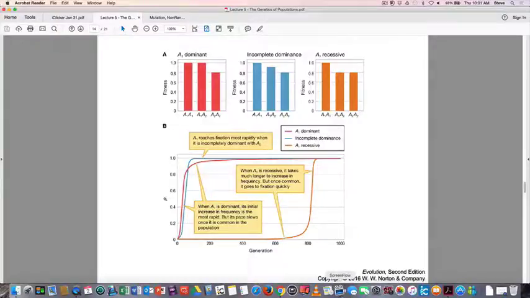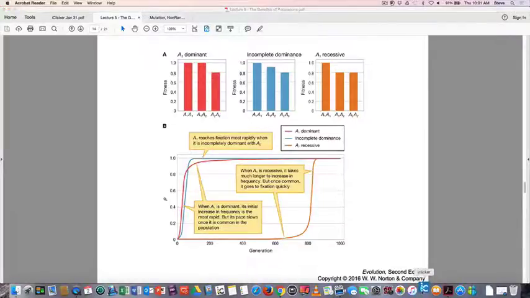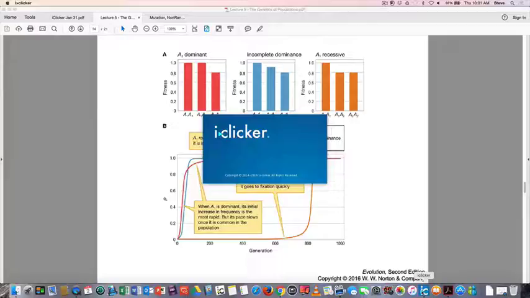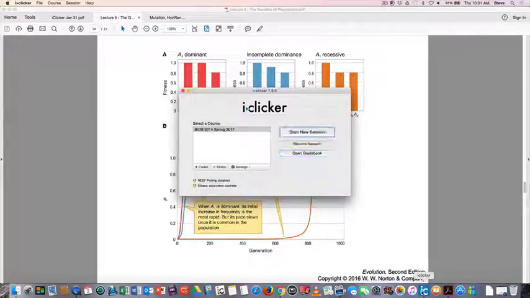There's no right answer or wrong answer. It's just for the attendance part. And I emailed about 8 or 10 people that I don't see any responses on my iClicker, and there's now one unregistered iClicker. So check your email and see if you got something from me and let me know. And we'll try to get you in.